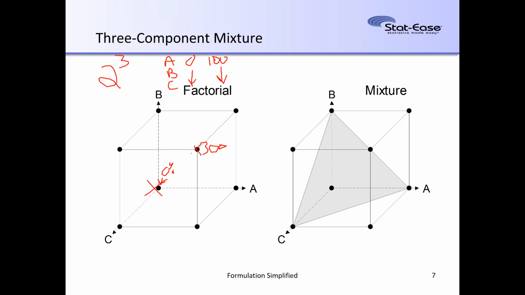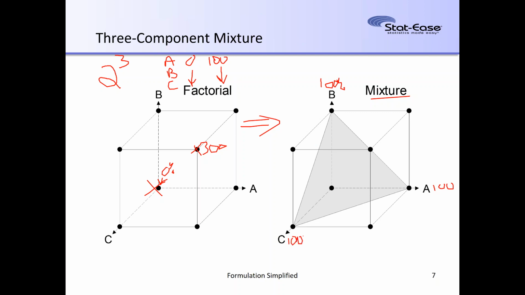The cow will die. And even the 200% will not work. So straight away, we need to shift over our thinking to this mixture space. And here what we have is the 100% corner for A, the 100% of B, and 100% of C are the corners of this simplex, which is an equilateral triangle.